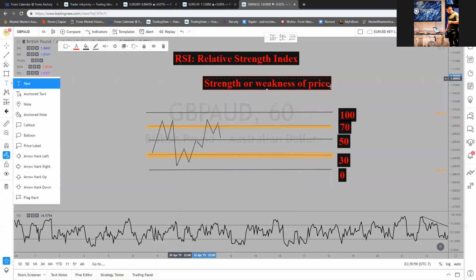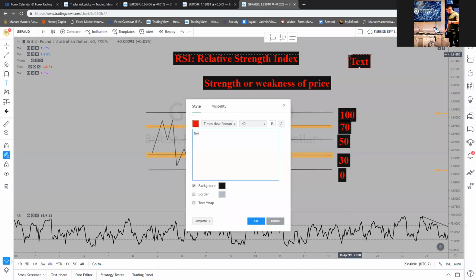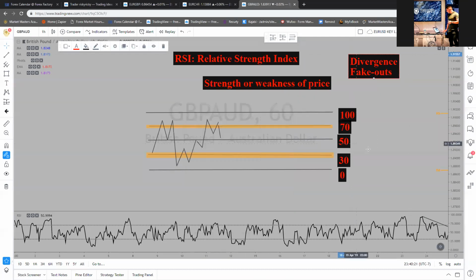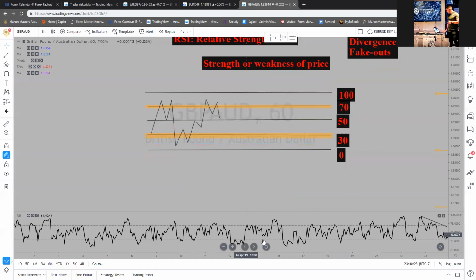And what it also helps out with is helping spot what's called divergence, which, what it is pretty much, is catching fake outs. So this indicator is at the bottom of your charts.